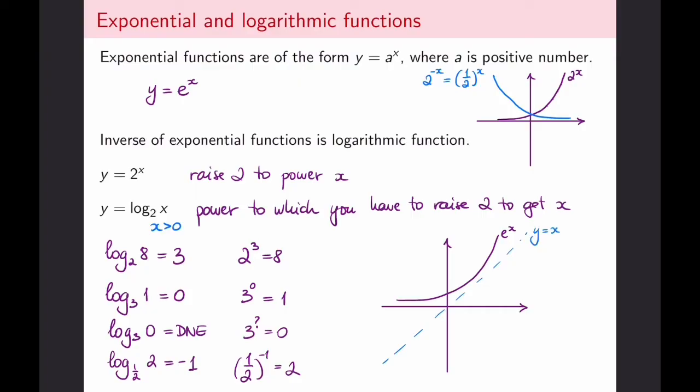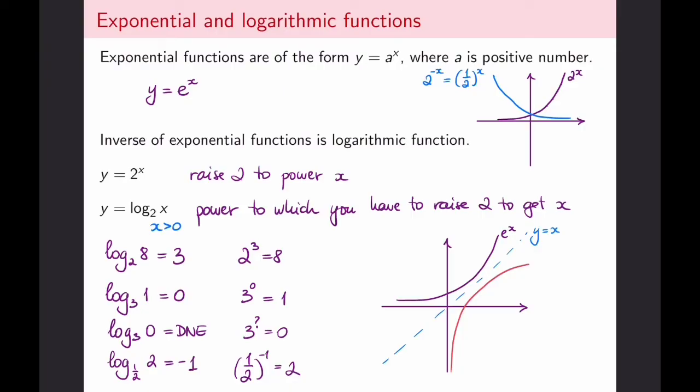I can think of that as if I drew this function in wet ink and folded the paper along the diagonal here, where I would see the trace of my function is what the inverse would be. So all the points will be exactly those flipped in my blue line y equals x.